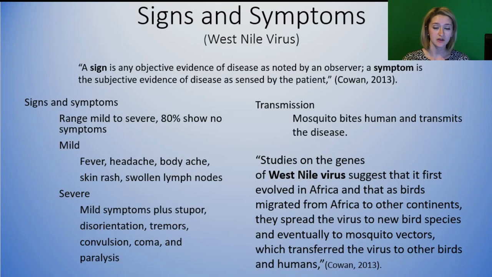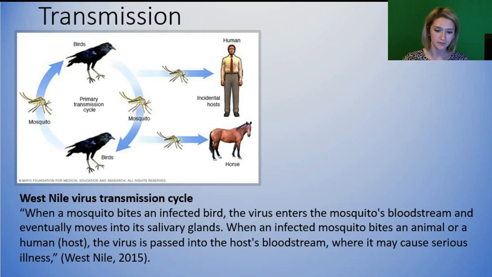Studies on the genes of the West Nile virus suggest that it first evolved in Africa, and that as birds migrated from Africa to other continents, they spread the virus to new bird species and eventually to mosquito vectors, which transferred the virus to other birds and humans.